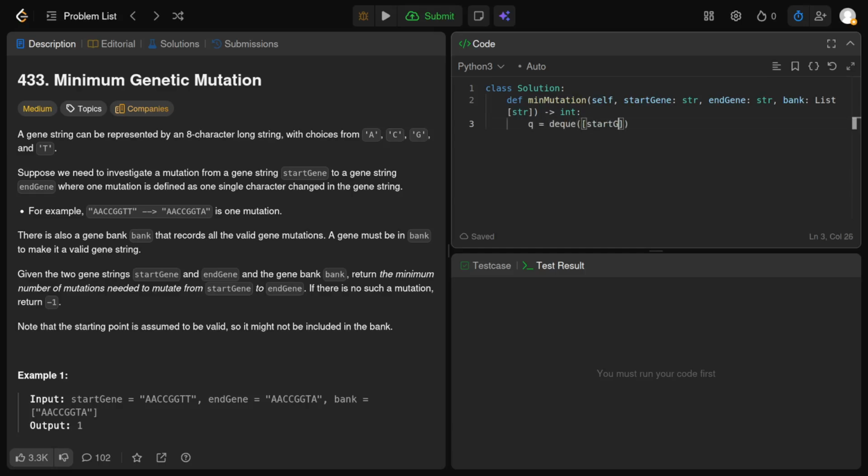deque with the start gene, bank, set of the bank, and then we go while Q, let's go: gene is Q pop left.